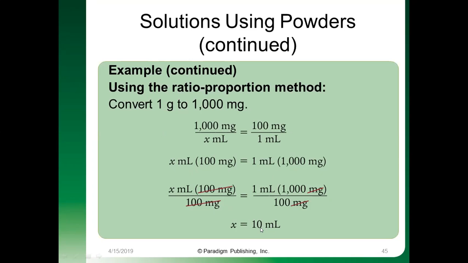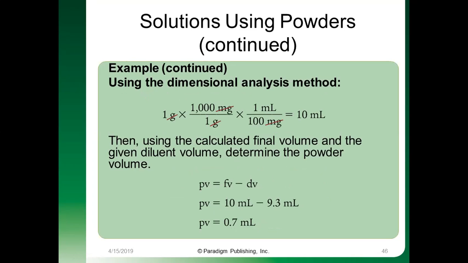So 10 mL is our final volume, not our final answer, because we're looking for the powdered volume. We can also find the final volume using dimensional analysis. So mLs is what we're looking for.